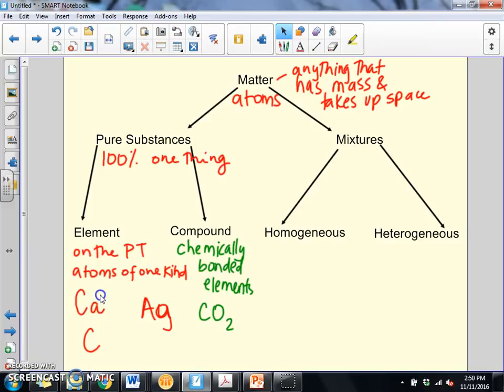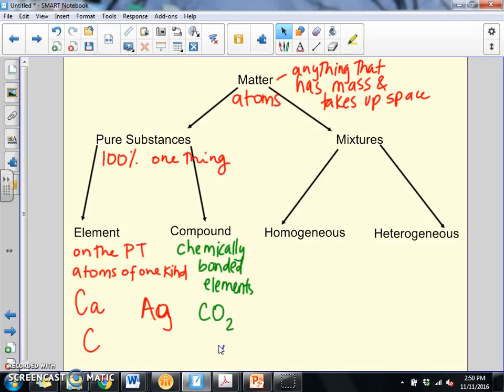CO2, or carbon dioxide, has two capital letters, a capital C and a capital O. This means that it includes two different elements. A capital C is the symbol for carbon. A capital O is the symbol for oxygen. So CO2 is when carbon and oxygen are bonded together.